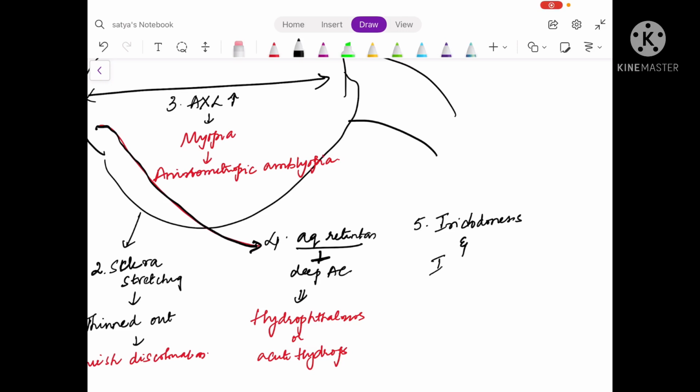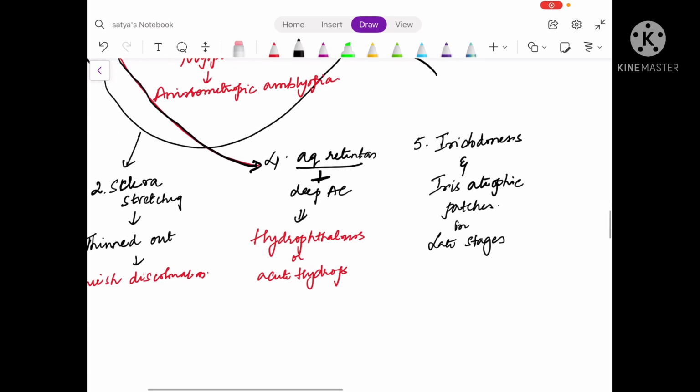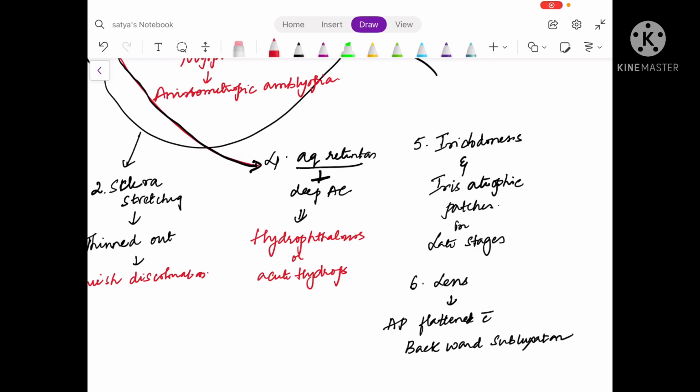And also the lens is anteroposteriorly flattened with backward subluxation. So these are all the anterior segment complications expected.